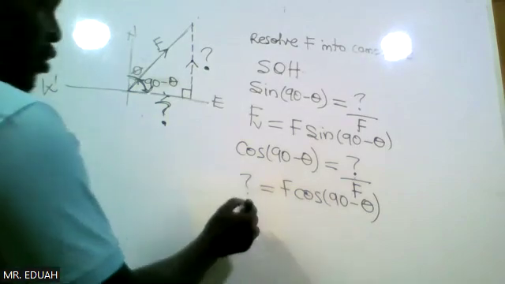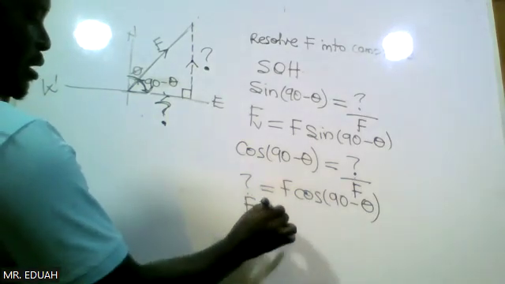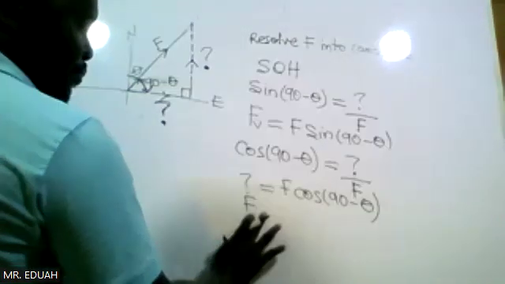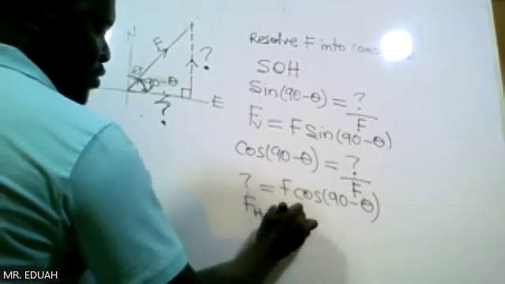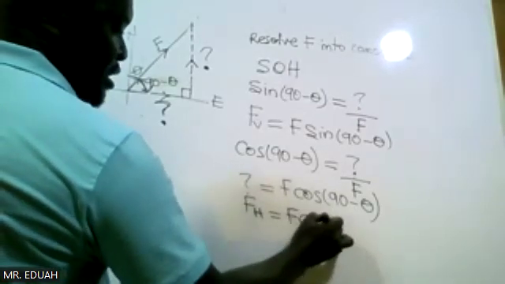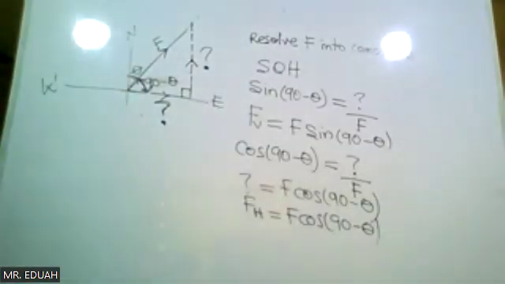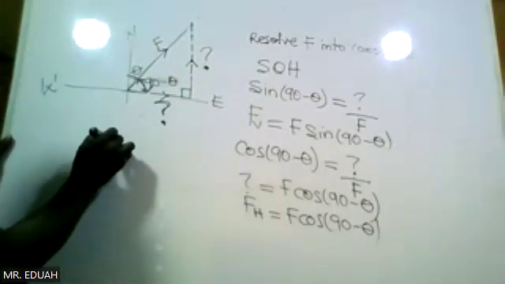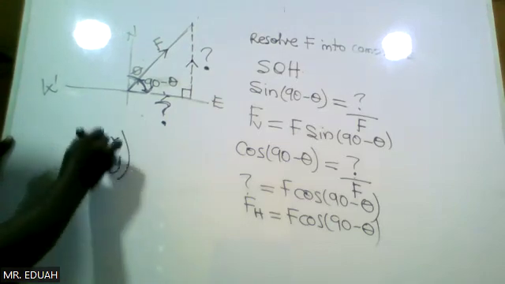This unknown, I'll call it F horizontal, because it's the adjacent, or the horizontal component. It's a subscript, down there. So F horizontal is equal to F cos 90 minus theta. It means I have resolved the force F into its vertical and horizontal form.